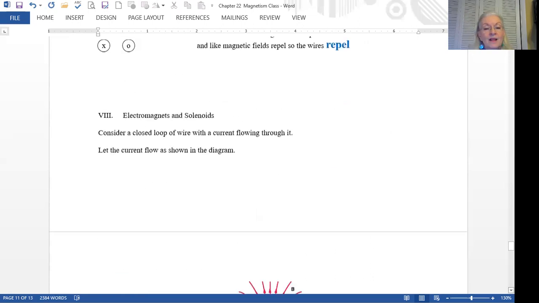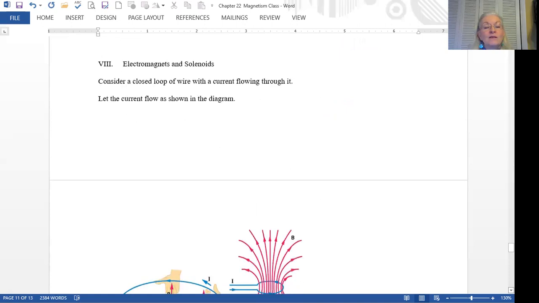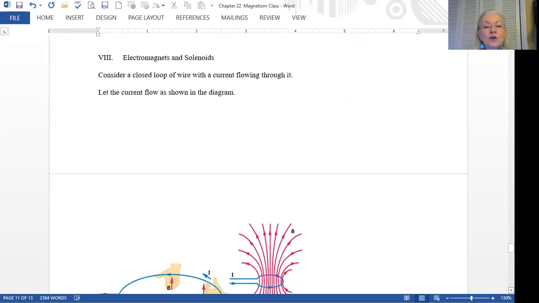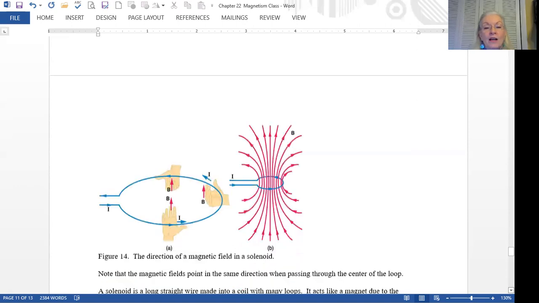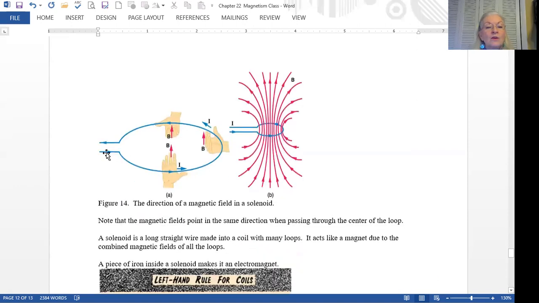Let's talk about magnets and solenoids. You can take a wire and put a current through it, and that creates a magnetic field around the wire. If the wire is shaped into a loop, we call it a solenoid.